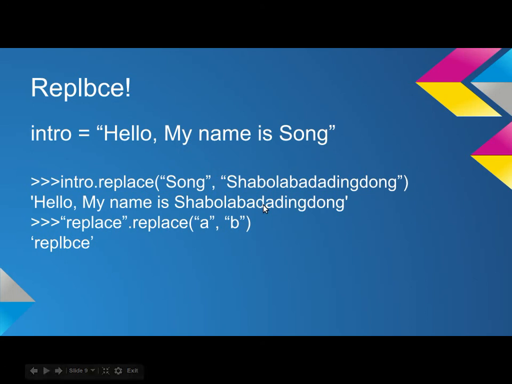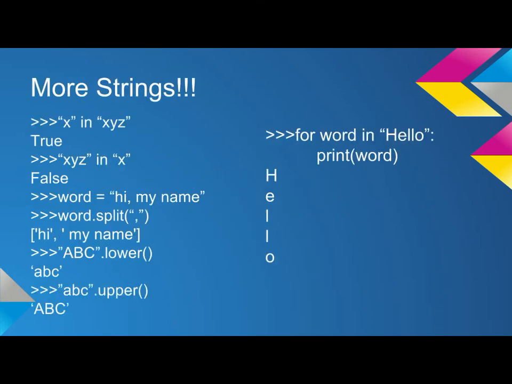Anyone have any questions? All right. So this, we already know the in and split. I think you can start by talking about lists, because this is where it introduces lists.